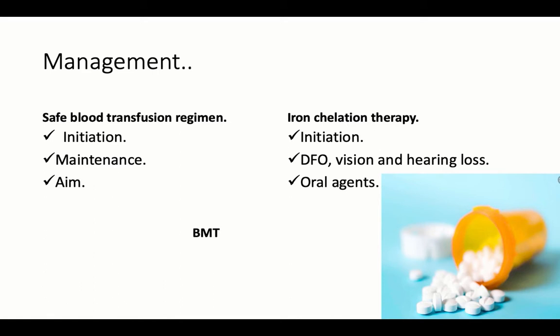So keeping the hemoglobin at an appropriate level is the target to maintain normal growth and quality of life of those patients. Frequency of blood transfusion depends on the severity and on the incidence of anemia. So as we have mentioned, our aim is the normal growth and normal quality of life of those patients.